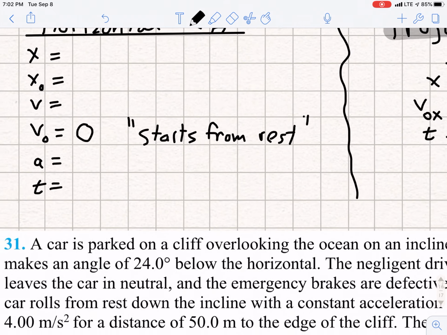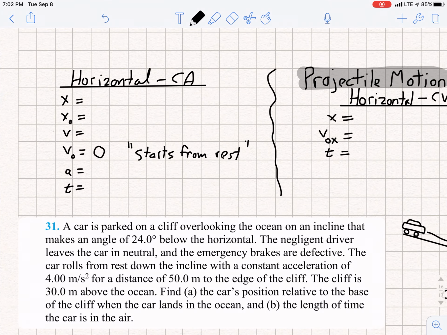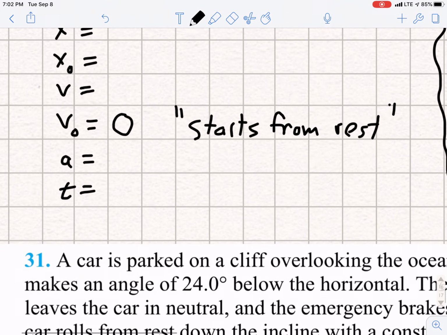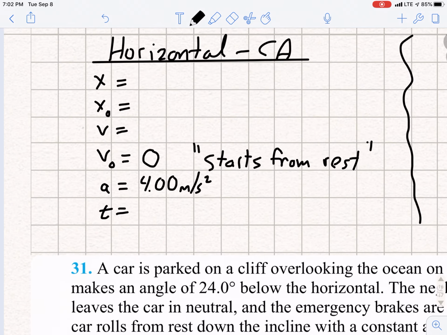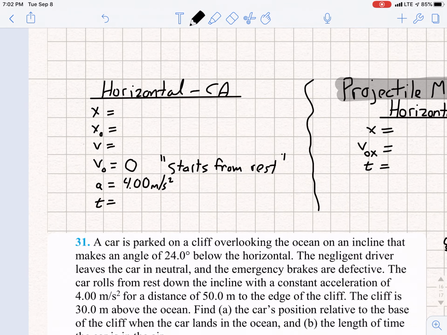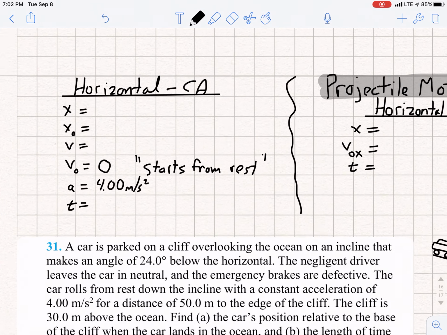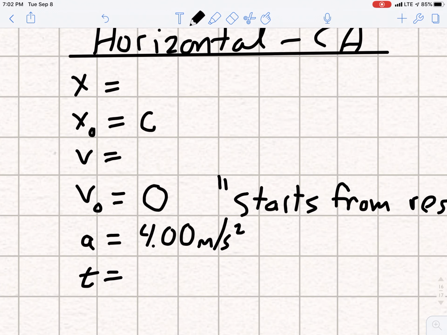We're also told that it rolls with constant acceleration of 4 meters per second squared. And we are told it does for 50 meters to the edge of the cliff. So if the initial position is 0, that makes this 50 meters to the edge of the cliff. We do not know the velocity when it reaches the edge of the cliff, nor do we know how long it takes to get there.